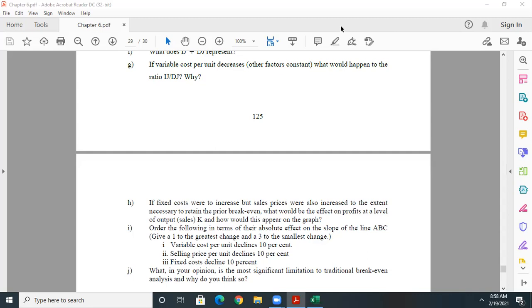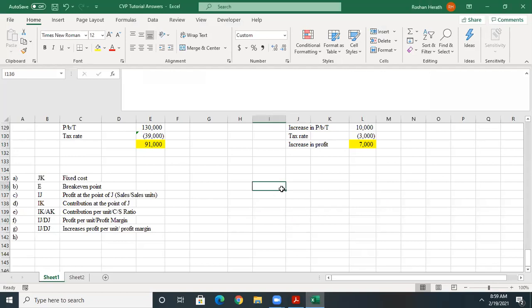Okay, profit increases. Let's look at it, so it's like this. Let's take some figures. Let's assume there's a sales price, say rupees 30, and variable cost per unit, say rupees 20.